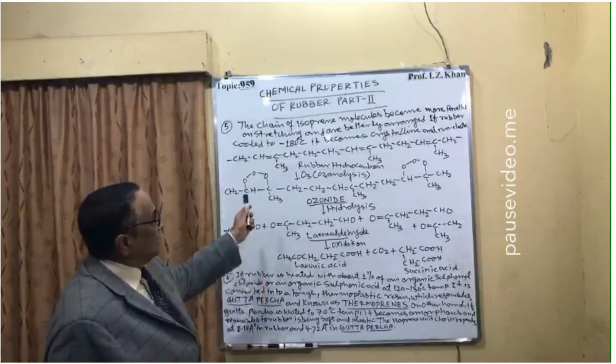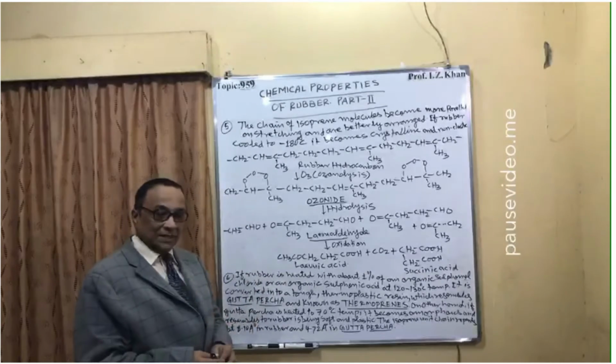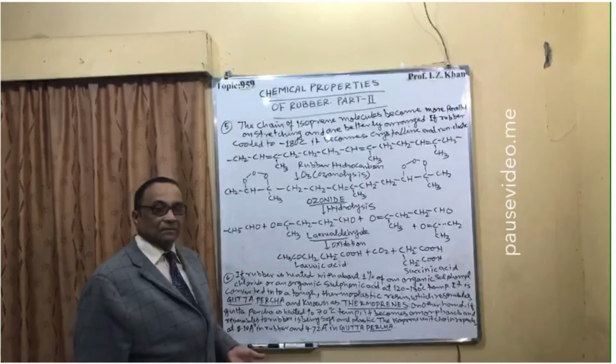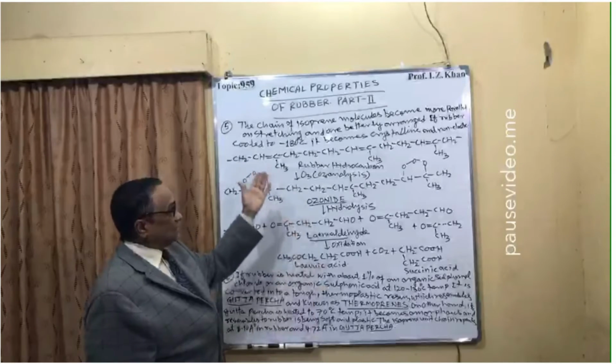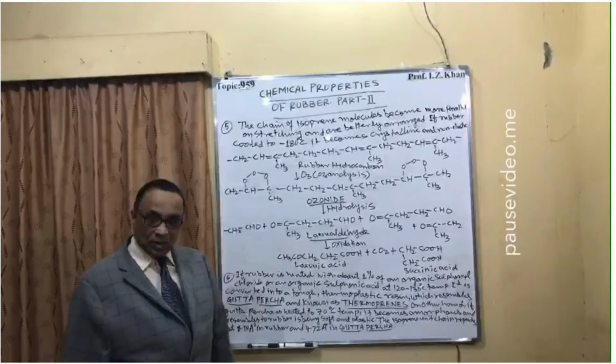And here the reaction is given: ozonolysis, hydrolysis, oxidation. On the basis of these reactions, the polymer of isoprene units, that is called rubber, is also commonly known as rubber hydrocarbon.